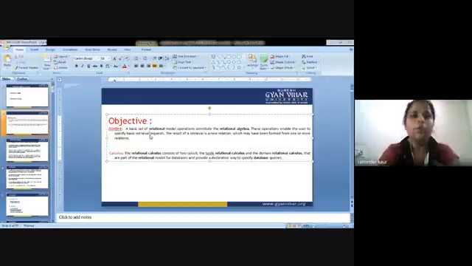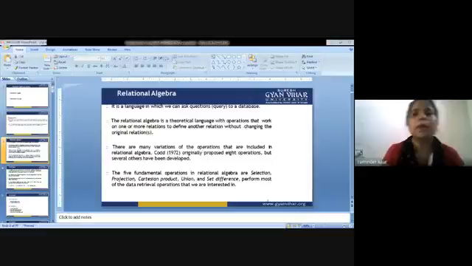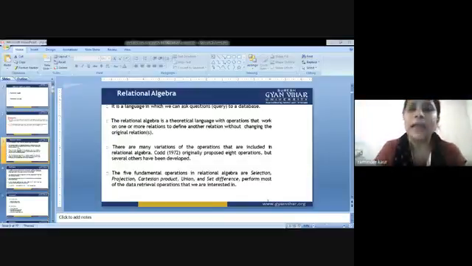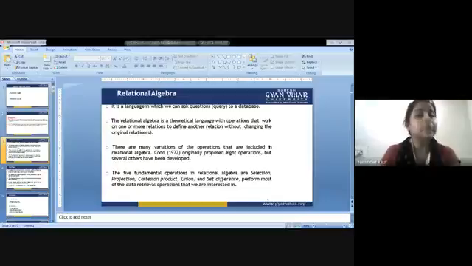Moving forward, I am going to discuss first what relational algebra is. What is basically relational algebra? It is the language in which we can ask questions, in the form of a query, to a database.